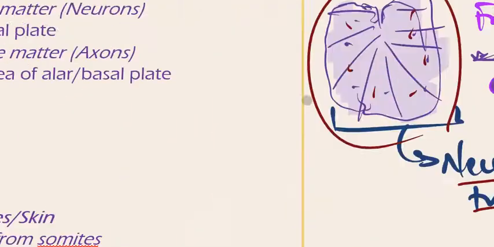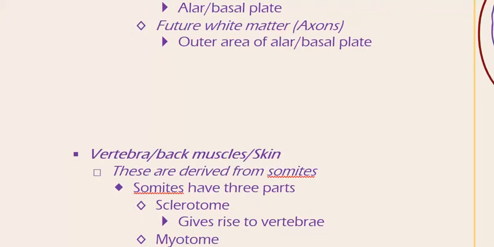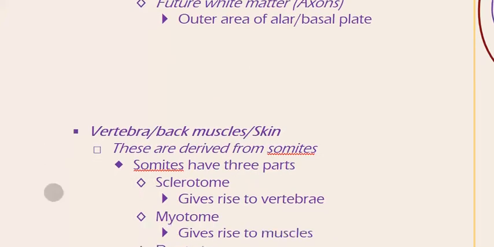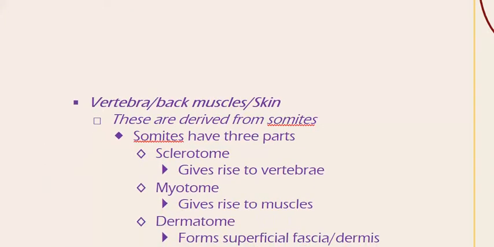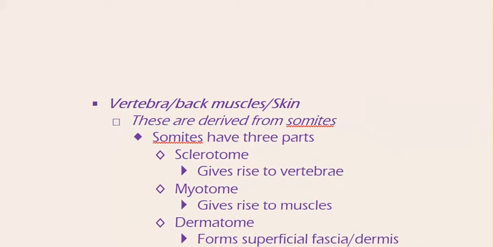We're going to see that there's a relationship between the neural tube, the sclerotome, the myotome, and the dermatome. That relationship is with the vertebral column, the back muscles, and the skin, right?